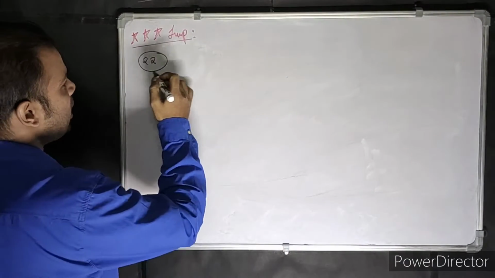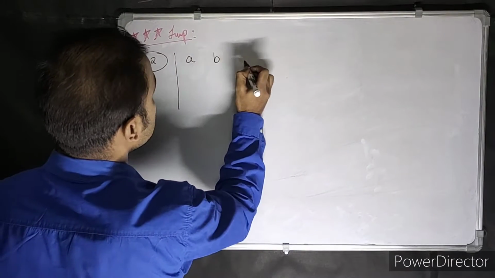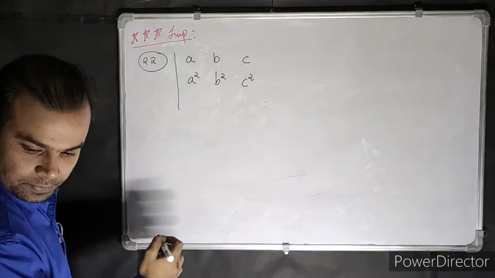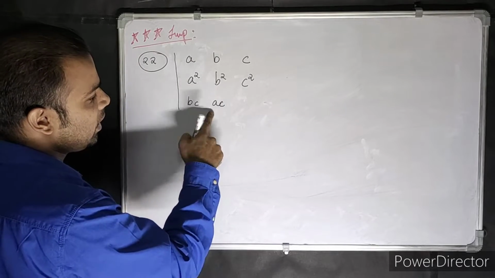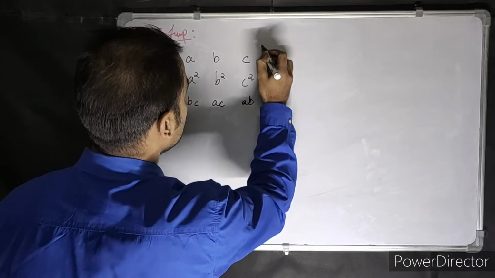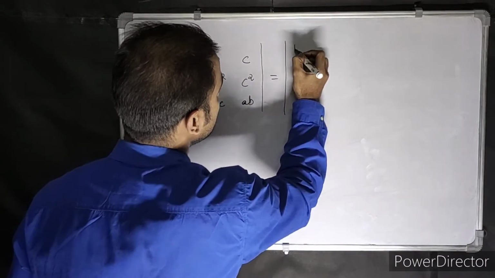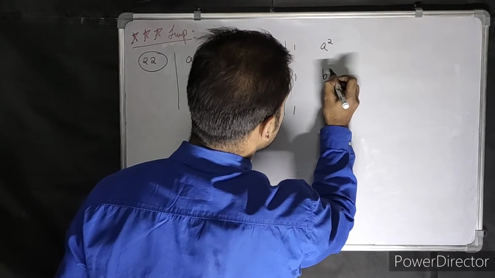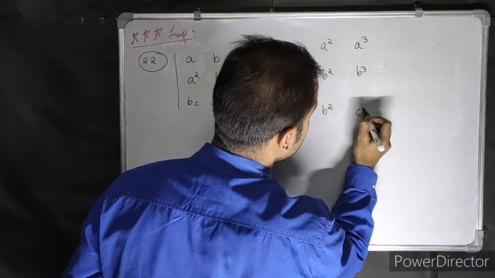Okay, so this is the question. Given the determinant with rows A, B, C; A square, B square, C square; BC, AC, and AB. It's written CA, but AC and CA is the same thing. This is supposed to be proved equal to the determinant with rows 1, 1, 1; A square, B square, C square; A cube, B cube, C cube.